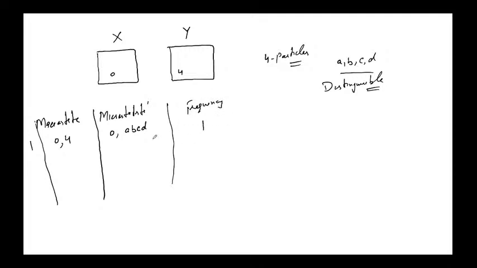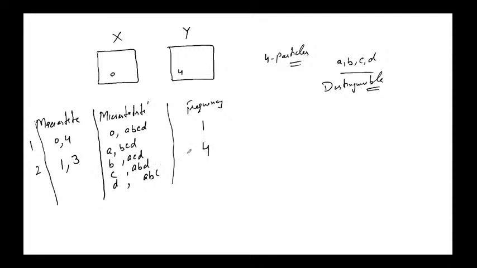In the second case, one particle can go in box 1 and the others can go in box 2. So there is a possibility for compartment 1, which particles can go, suppose A, B, C, D. So similarly B, C, D, A, C, D, A, B, D in compartment 2 and A, B, C. So here the total frequency is 4.